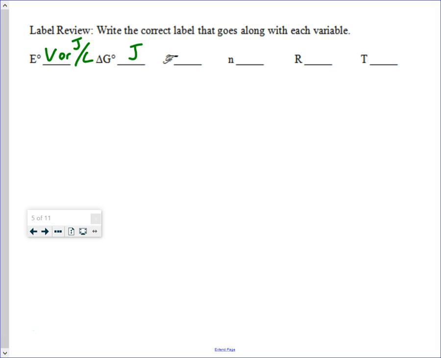Faraday's constant is the next, stylized F. The units of Faraday's constant are coulombs per mole of electron. Little n means moles, but in this unit, because we're dealing with the transfer of electrons, more specifically, we're talking about moles of electrons. R is the gas law constant.